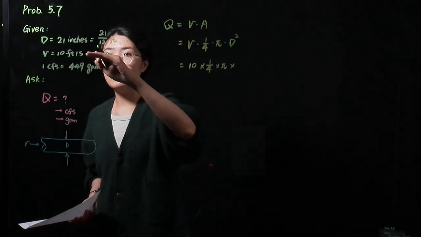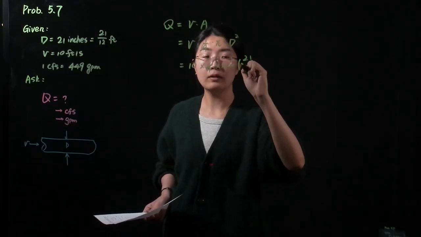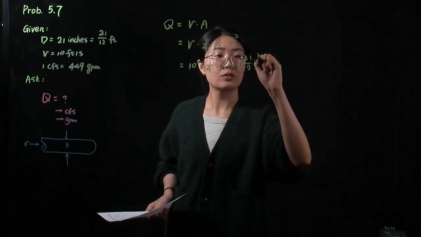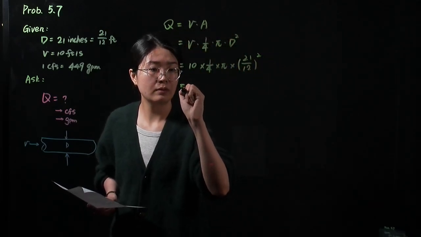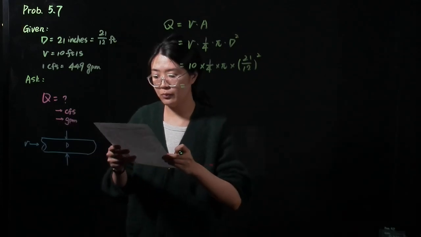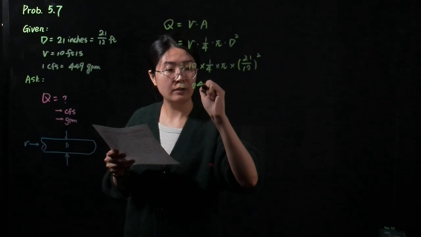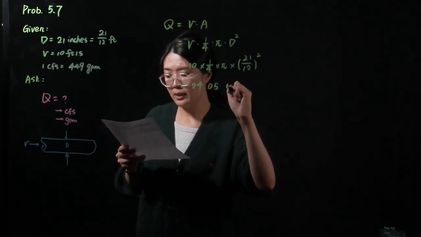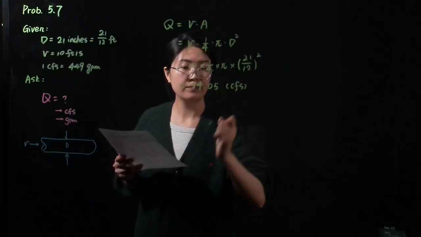And we know the diameter here is 21 over 12, squared. So after we do a simple calculation, we know the flow rate equals 24.05. The unit is cubic feet per second.